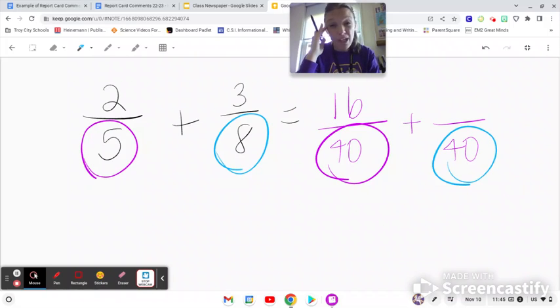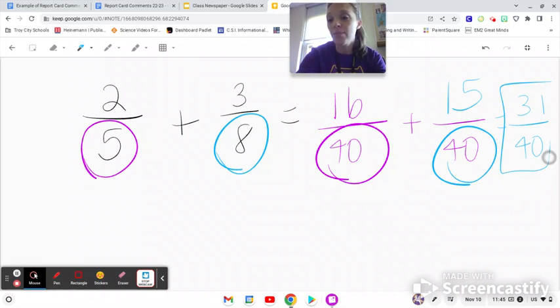So in my head, I'm thinking 8 times 5 is 40. So 3 times 5 is 15. There I have my equivalent fractions for 2/5 and for 3/8. When I add to get the sum or the total, voila. Okay, so I just taught you 2 different strategies that I taught your students as well, to rename, to make like units, and then to add fractions as well.